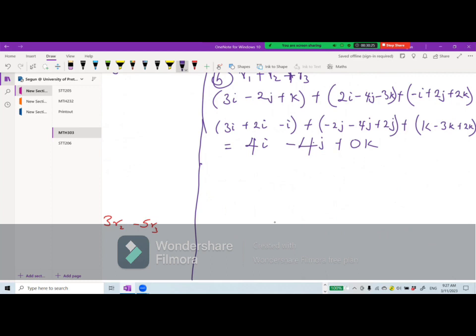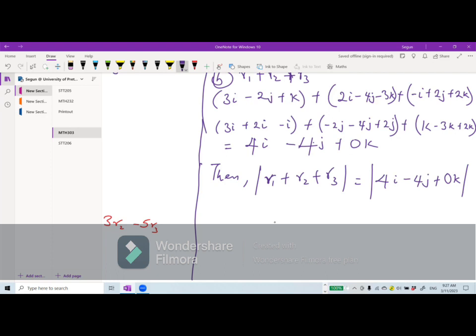All I need is just to say then R1 plus R2 plus R3 equals 4i minus 4j plus 0k.